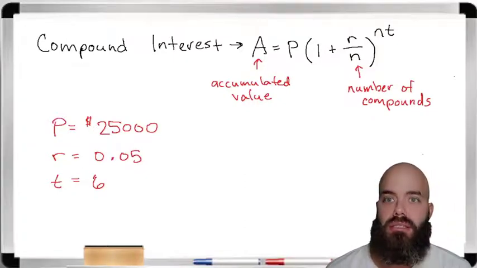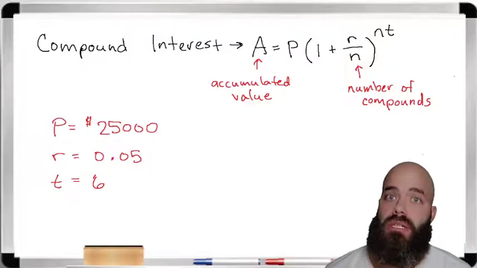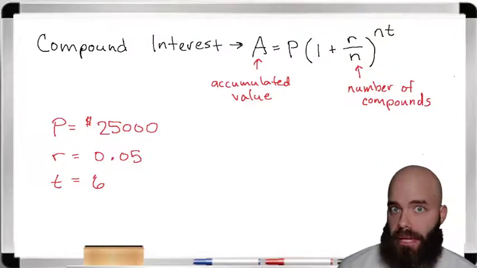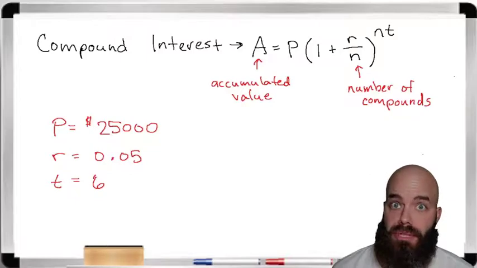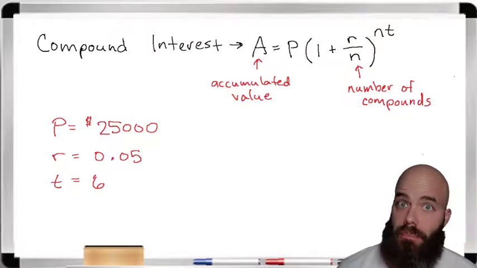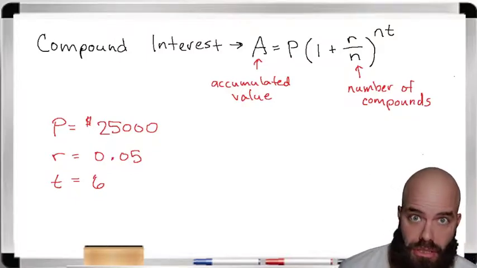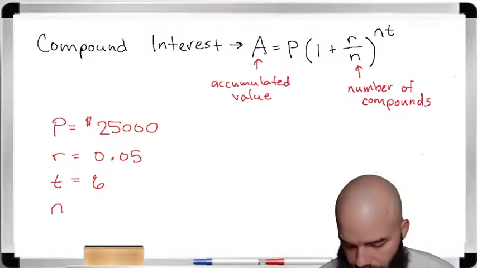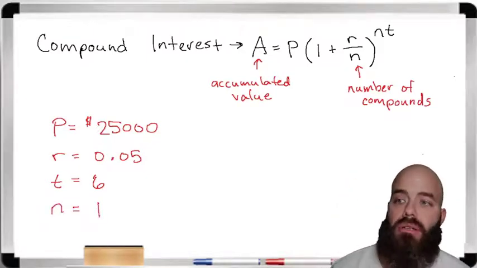So that means every year we're going to compound it one time. If you see compounded annually or compounded yearly, that means compounded once each year. So let's say n is equal to 1.